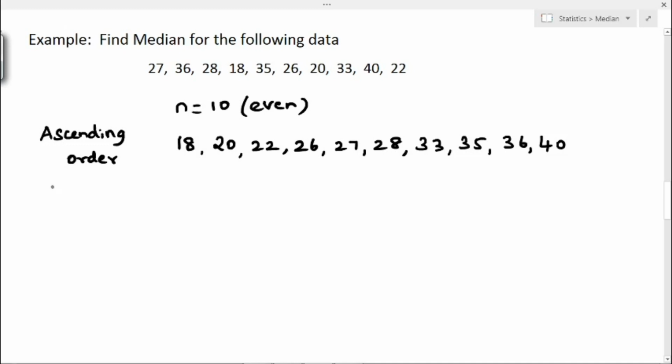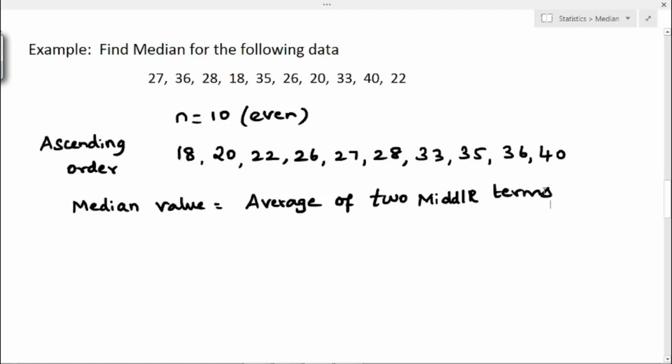Now we have to substitute in the formula, that is, median value equals the average of two middle terms. The middle terms are the n by 2 and n by 2 plus 1 terms. What is n here? That is 10.